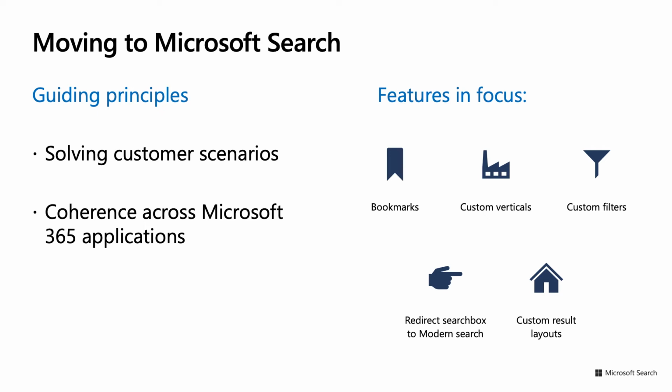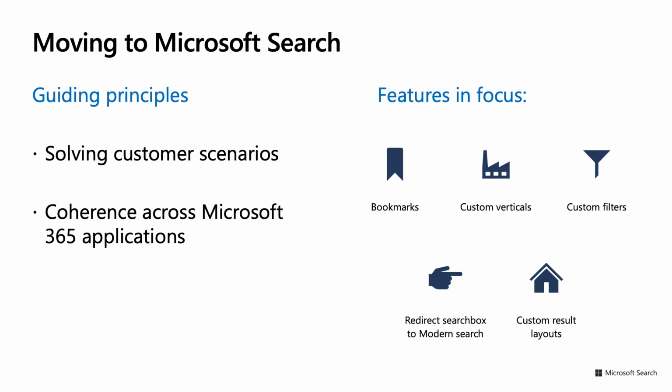The first one is solving the customer scenarios, wherein we are focused on solving the pain points and the problems that were addressed in classic search. The aim is not to have a feature redone again in Microsoft Search, but to solve the problem that the customer or people were facing.